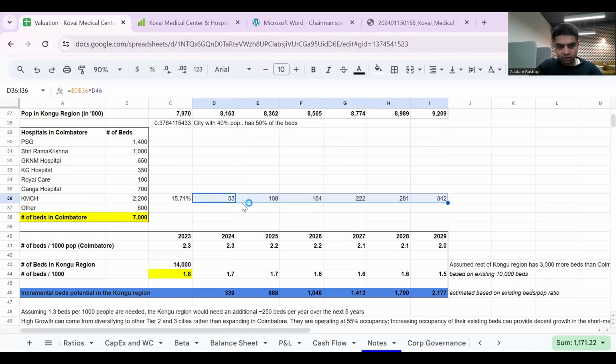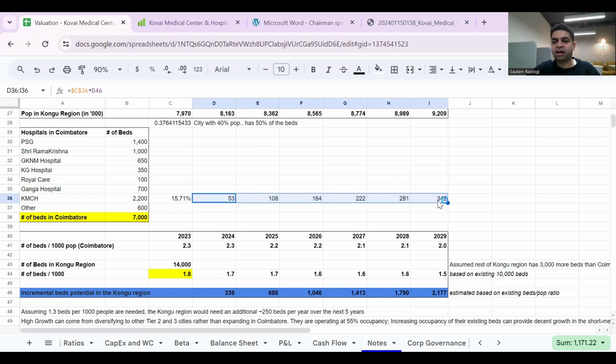Based upon the assumption that the Congo region has 14,000 beds and the market share in terms of number of beds that Kuwait has is around 15-16%, and assuming this market share remains constant for the next 5-6 years, then to accommodate the growing population, Kowai could get around 53 incremental beds every year.